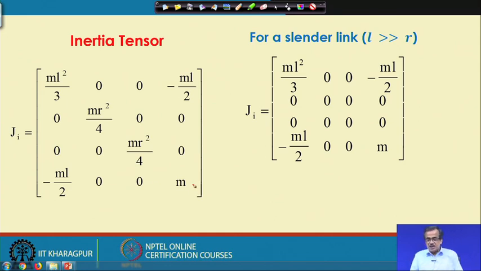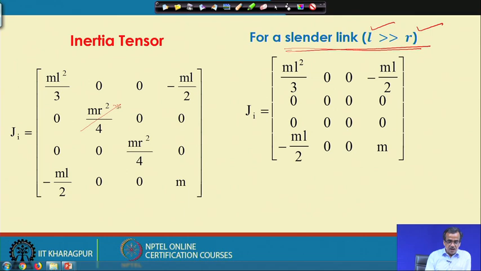Now, if I consider the slender link, where L is very large compared to r, in that case this mr²/4 can be neglected. So, this tends to 0, and mr²/4 tends to 0.